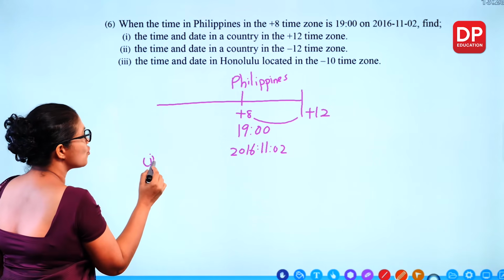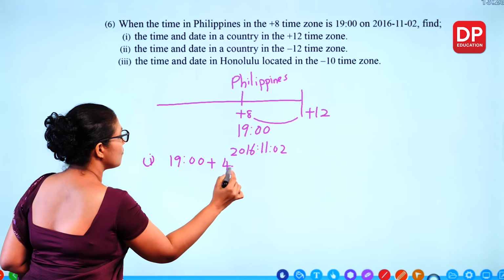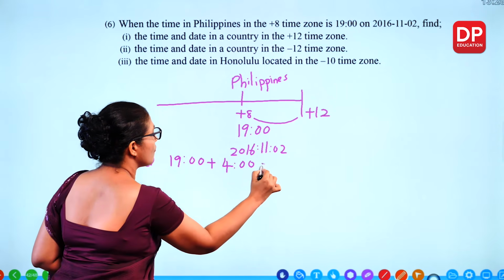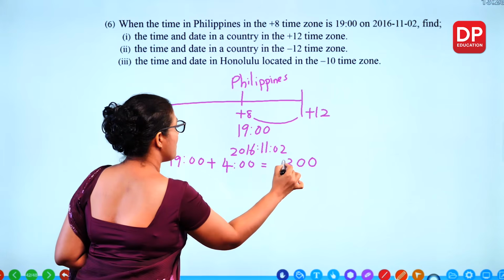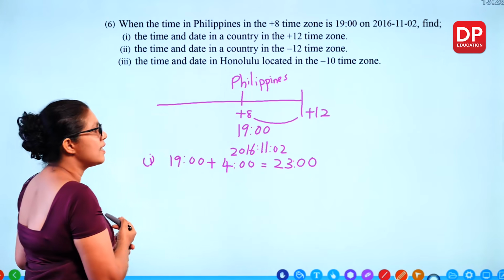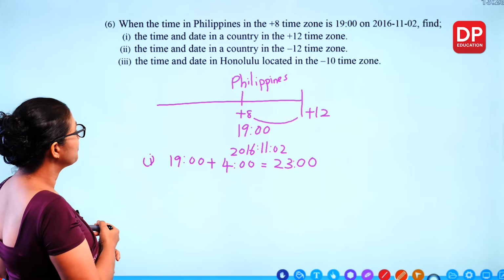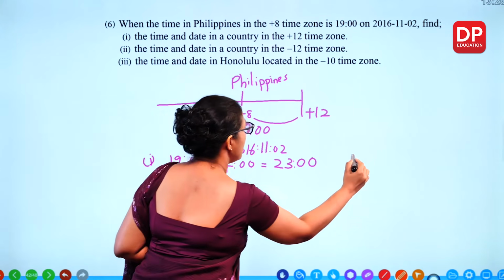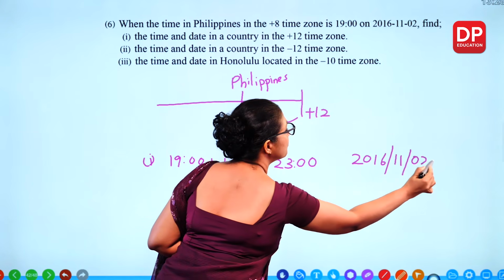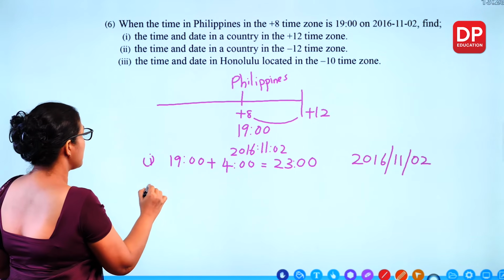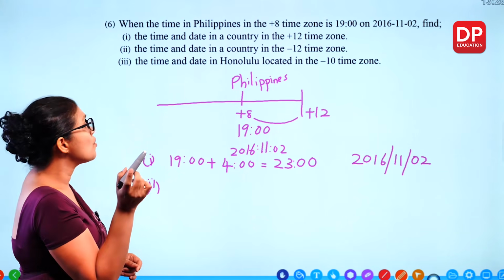So add 4 hours to 19. 19 plus 4. What's the time? 23 hours. So what's the date? Still the same day. So 2016, 11/2.